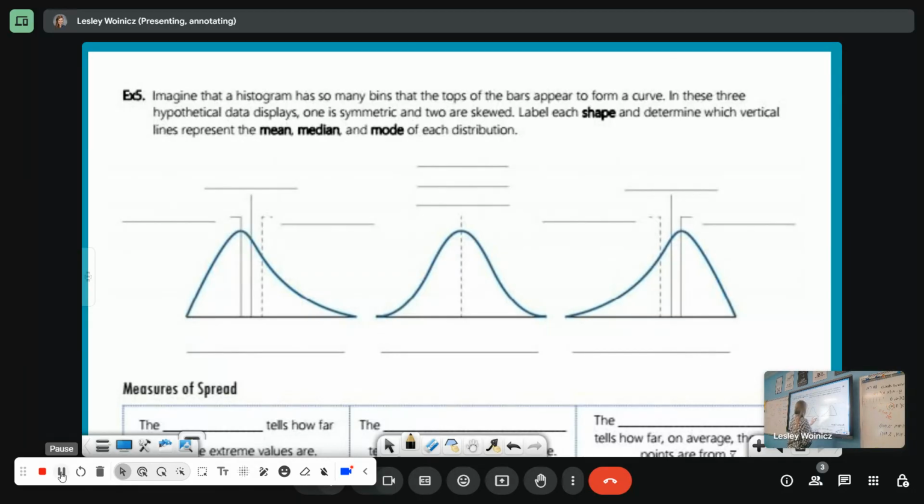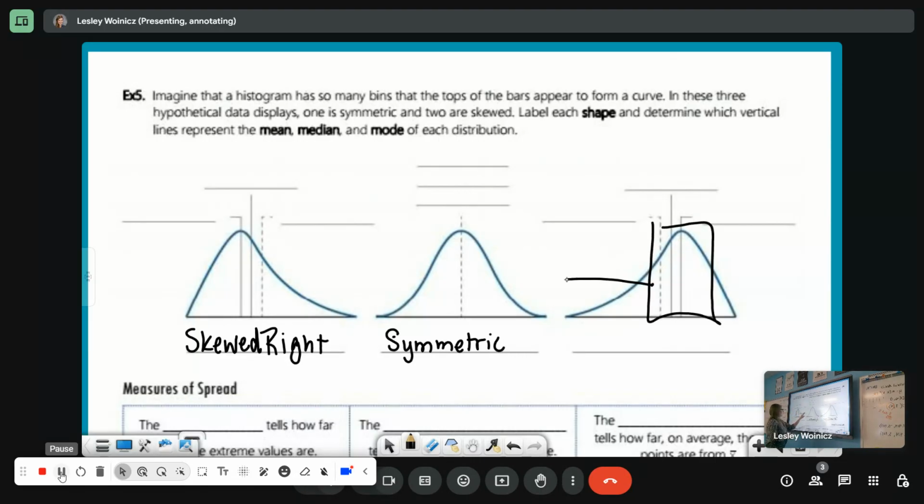So the one in the middle is our symmetric. On this guy we have the lump here and the tail off to the right, so he's skewed right. And this one has the lump here and the tail to the left, so he's skewed left.